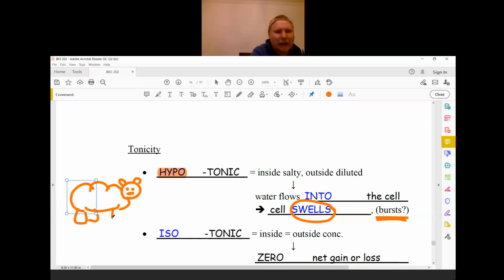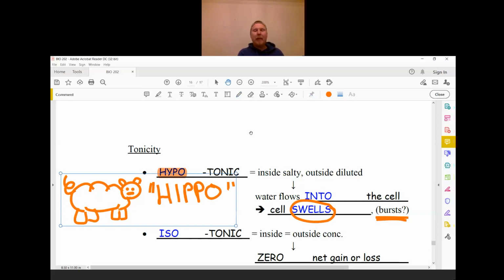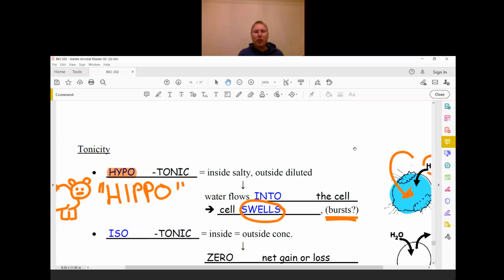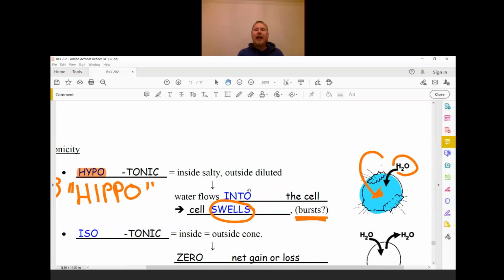It looks more like a pig, a cross between a pig and maybe a koala. But that's the best I can do. So when I hear hypotonic cells, I think of hippo cells. Hippos are these large, swollen animals, and that large swelling describes these hypotonic cells, what we're seeing happening there.